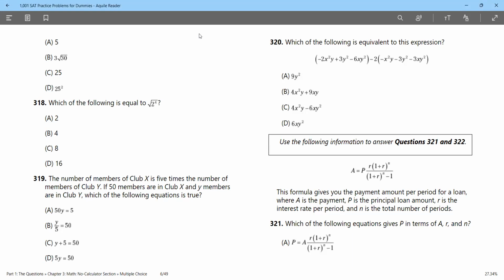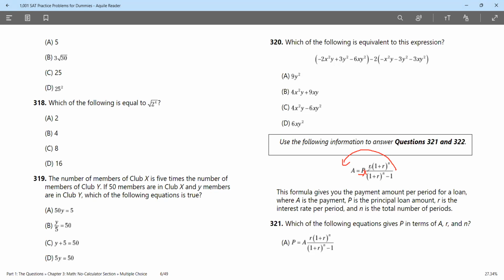So he needs to know how you can isolate P. We know that P is multiplied by this fraction. Why don't we just move this fraction to the variable A on the other side? It's very easy.